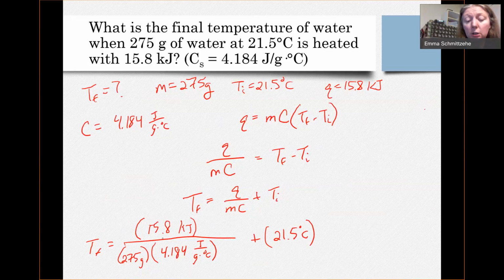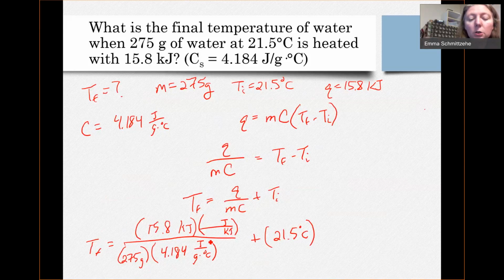But pay attention to the units. So here we've got kilojoules on top and joules on bottom. That's not going to work. Those don't cancel. So I'm actually going to add in a conversion to get rid of the kilojoules on top and make it into joules. If you'd prefer, you can do this off to the side and then just plug the joules into the equation.